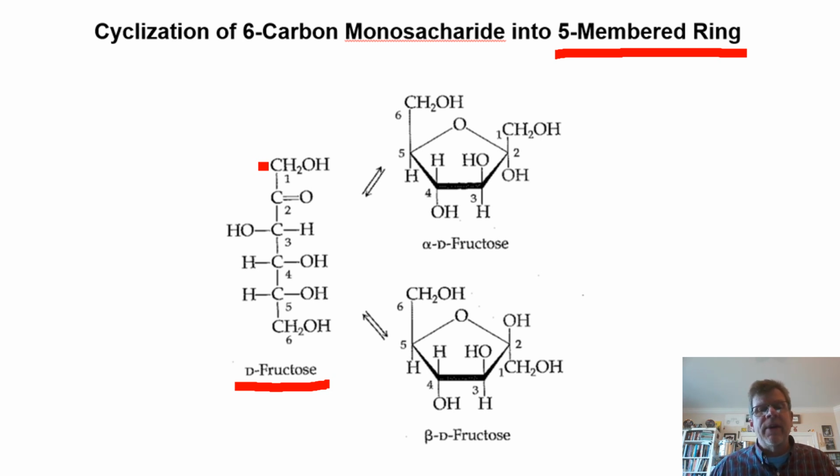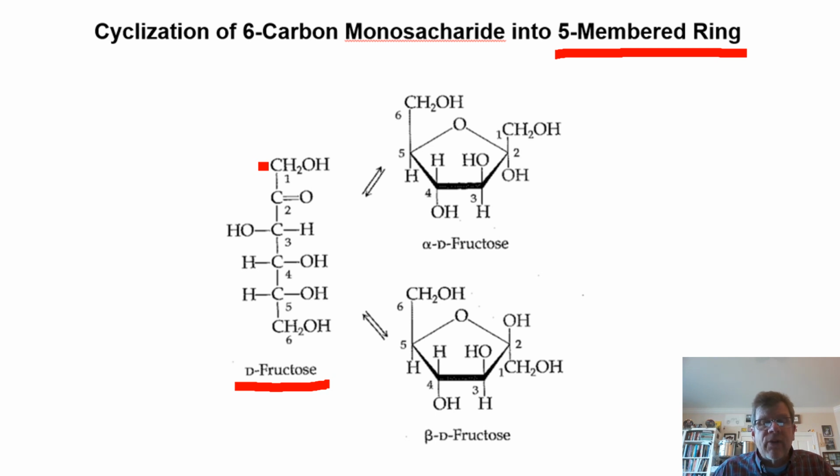So that carbonyl, remember, is right here, is where that cyclization happens with that C5 oxygen. With that carbonyl being dropped by 1 carbon, the ring that is formed is dropped by 1 size, whereas before we had a 6-membered ring in glucose and galactose.